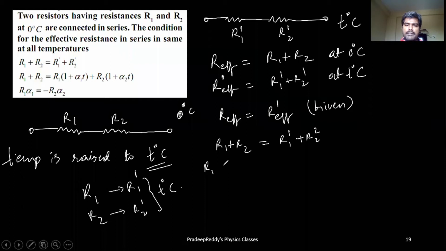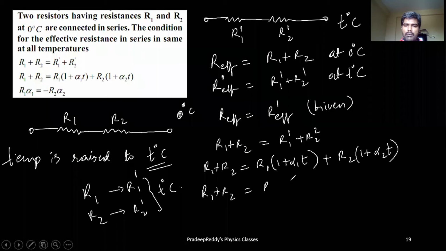So R1 plus R2 is equal to, what is R1 dash? R1 dash is nothing but R1 into 1 plus alpha 1 into T, plus R2 into 1 plus alpha 2 into T. Okay. So you can expand this even. R1 plus R2 is equal to R1 plus R1 alpha 1 T plus R2 plus R2 alpha 2 into T. R1 plus R2 are here as well as here, so I'll be cancelling that.